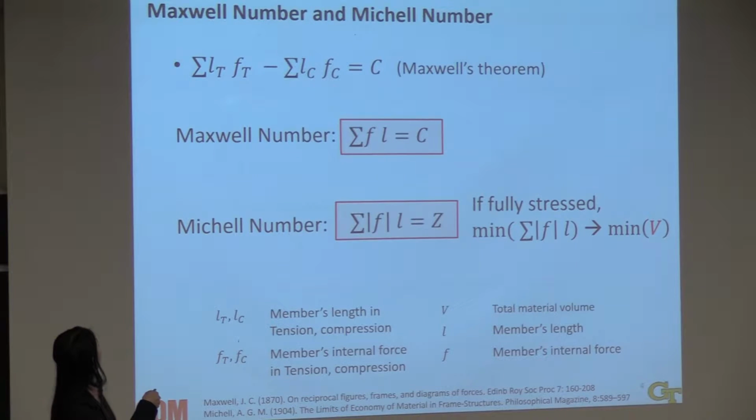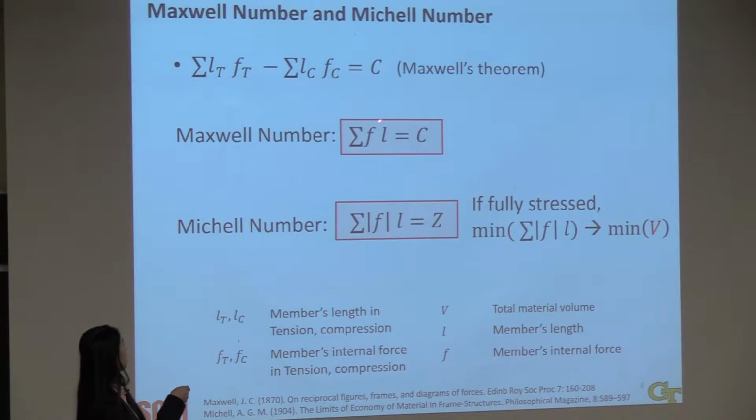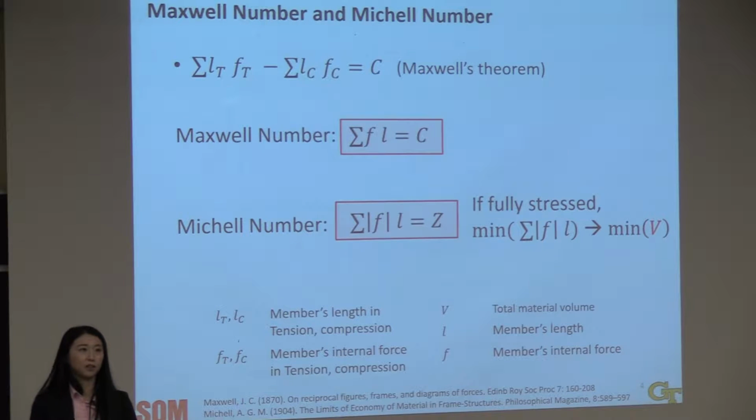Here, F is the internal force of the truss member, and L is its length. You can see that the internal force takes a positive or negative sign.